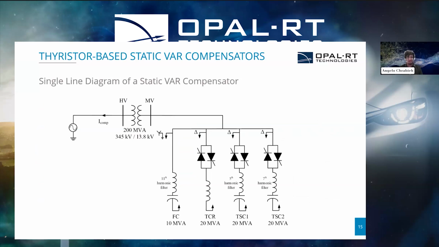So this is a single line diagram of the static VAR compensator, the one that we are working on in this specific courseware. So we have a thyristor controlled reactor of 20 MVA, which is connected also to a fixed capacitor, 10 MVA, and to two thyristor switched capacitors, 20 MVA.